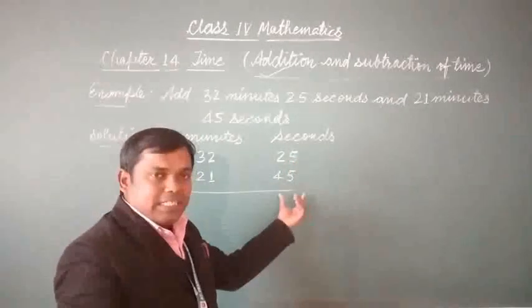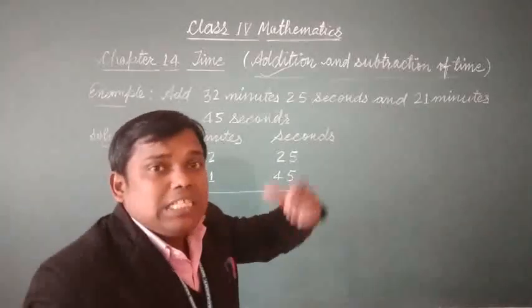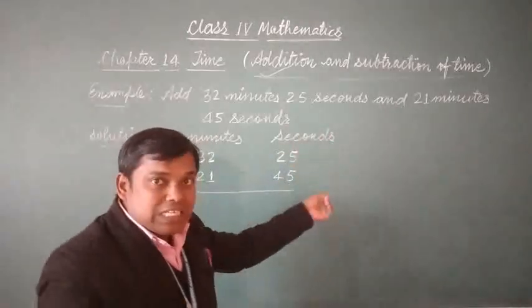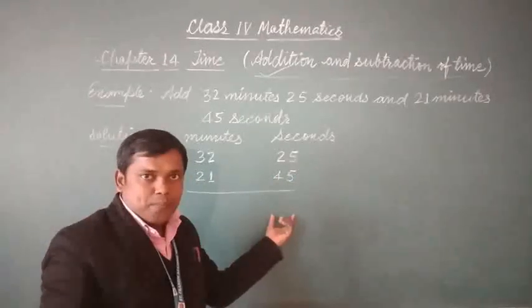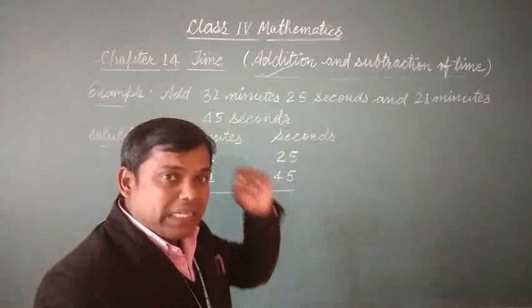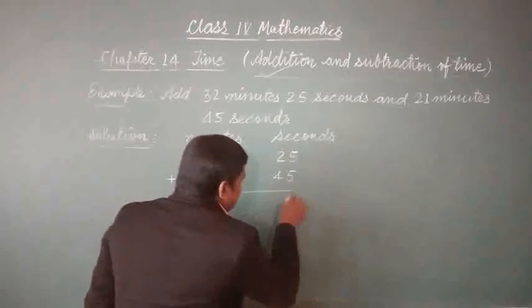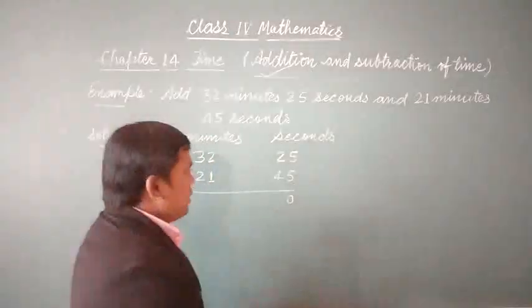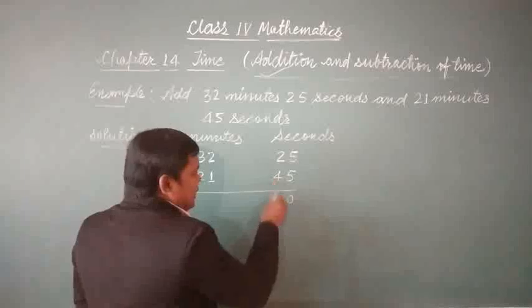When we add here, if the seconds come more than 60, then we take 1 minute and the remaining seconds will be here. If less come, then no problem. Here 5 plus 5, 10, 0, carry 1, and 2 plus 6, 2 plus 4, 6 and 1, 7.